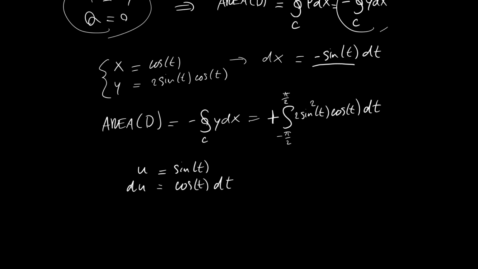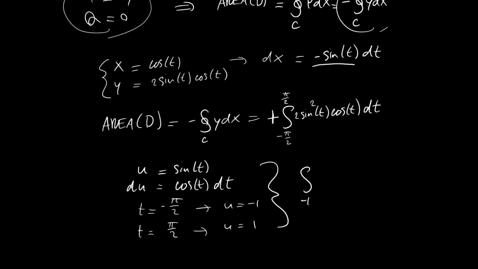And for the boundaries, if t is equal to minus pi over 2, then u is equal to minus 1. And if t is equal to pi over 2, then u is equal to 1. So we can rewrite the entire integral as the integral from minus 1 to 1 of 2 times u squared du. That looks like a fairly straightforward integral.